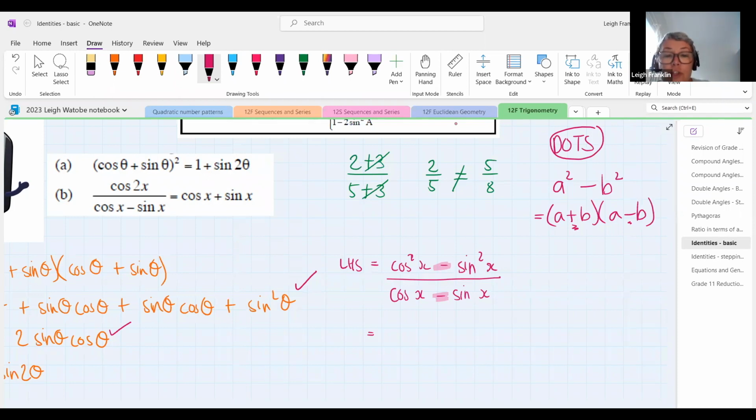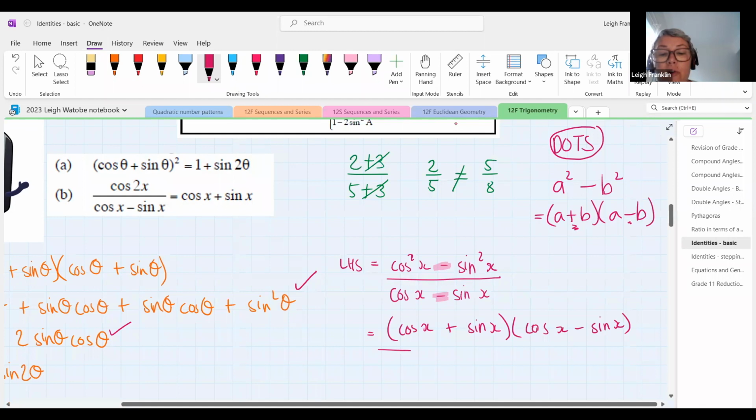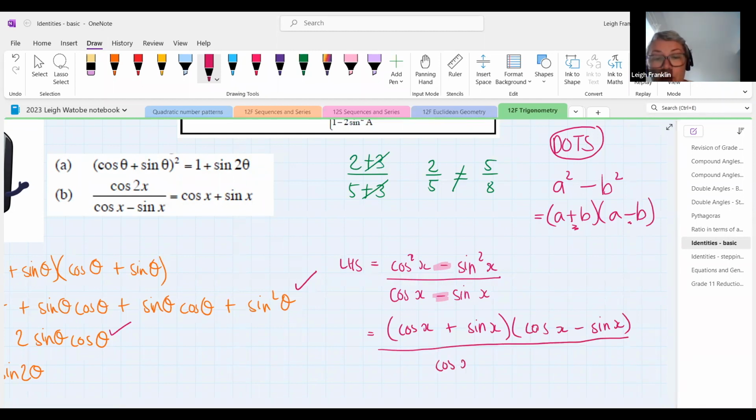All right, so we would do exactly the same thing here. In one bracket, we would have cos x plus sine x, and in the other bracket, we would have cos x, sorry, my handwriting is terrible this evening, minus sine x, like so. So I've factorized difference of two squares. And I'm doing that because now I am allowed to cancel. Essentially, that's got brackets around it as well.